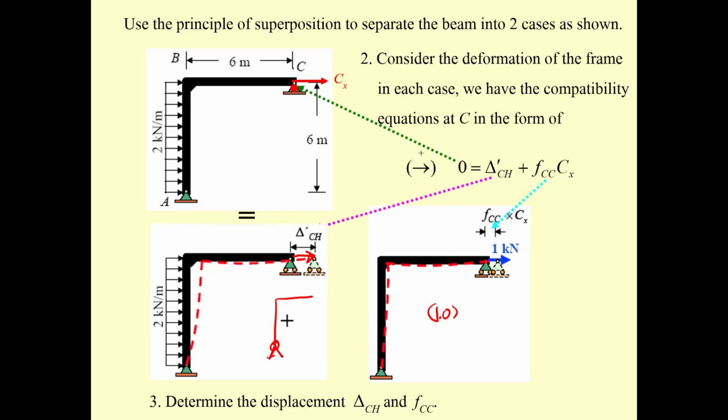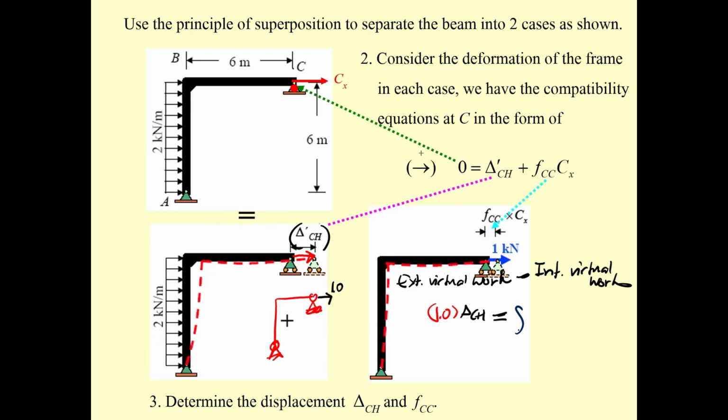You have another frame, and you put a 1.0 unit load, and this 1.0 unit load has delta sub CH. That's going to be your external virtual, and the external virtual is going to be equal to the internal virtual. And the internal virtual is going to be the integration.